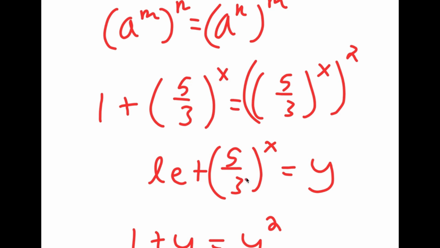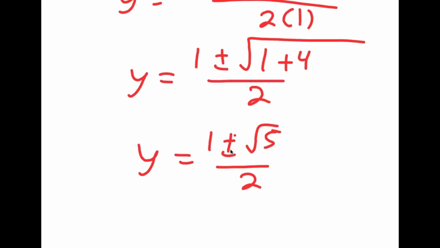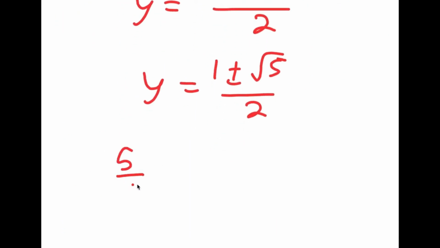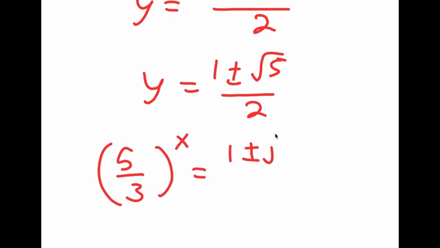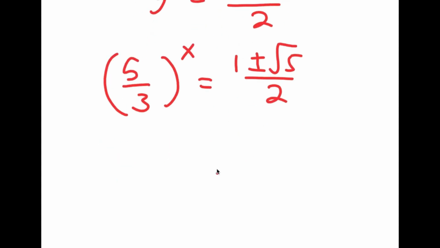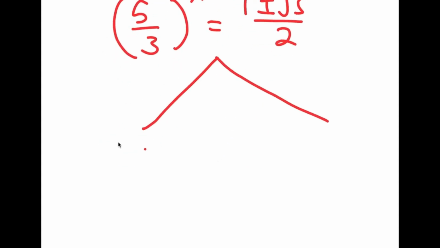Now remember how we let 5 over 3 to the power of x equal to y. So I have 5 over 3 to the power of x equals 1 plus or minus the square root of 5 over 2. So now this gives me two equations.